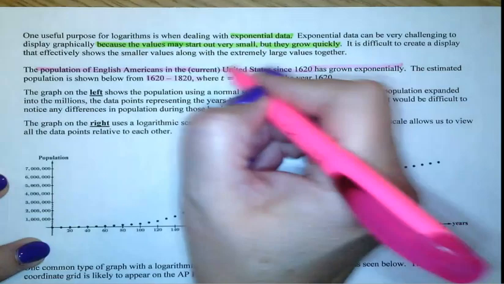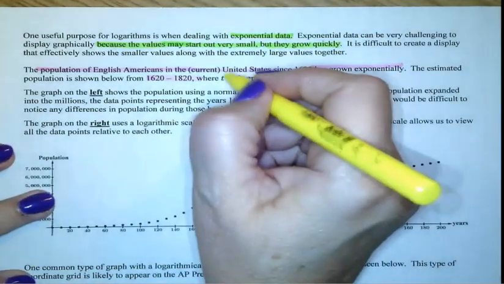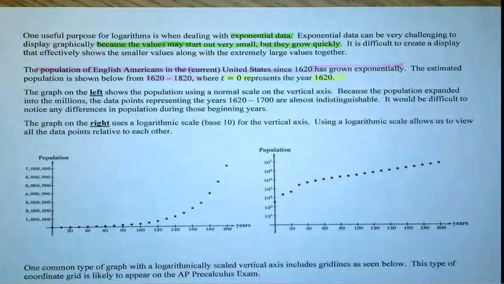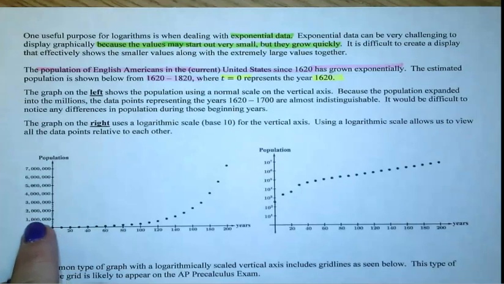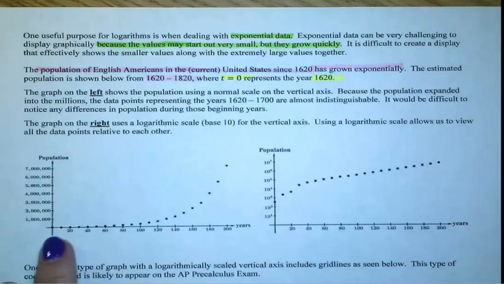And so we're having an initial T of 0 value represents the year 1620. So when time is 0, which is right here, that's the year 1620. And so as we plot data, the vertical axis is 1 million, 2 million, 3 million, 4 million, very, very big numbers. Then we have the growth from year to year.